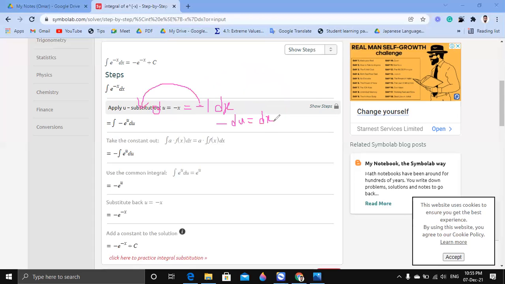So for dx here, I can write down minus du. Now take this minus out, and you get the integration of e to the power u. So e to the power u is also e to the power u, from the formula. And then you substitute back the value of u here. So it will be minus e to the power minus x, and lastly plus c. So guys, can you understand this?